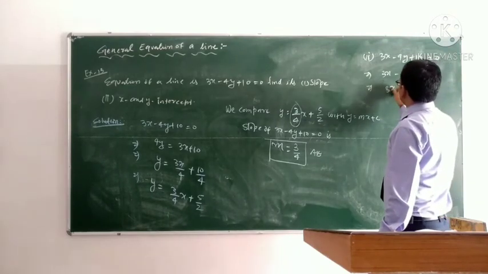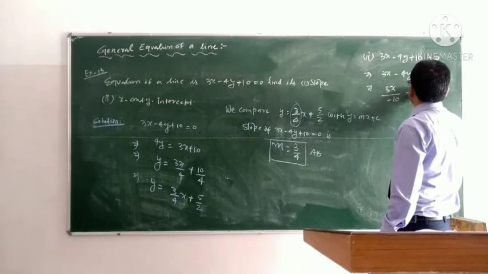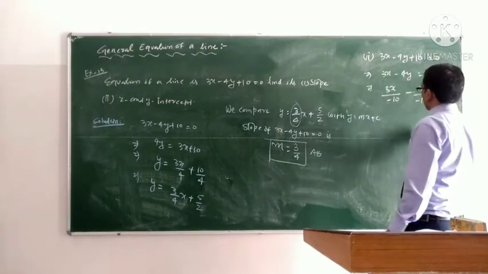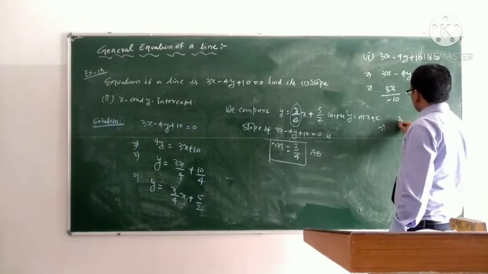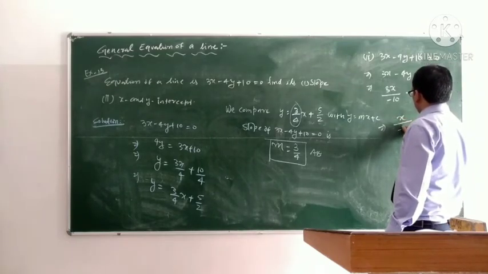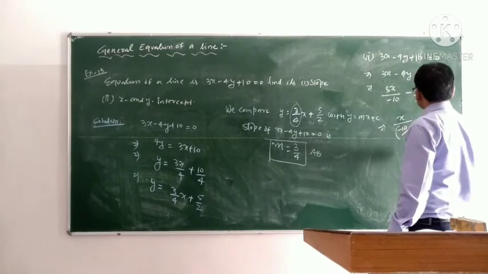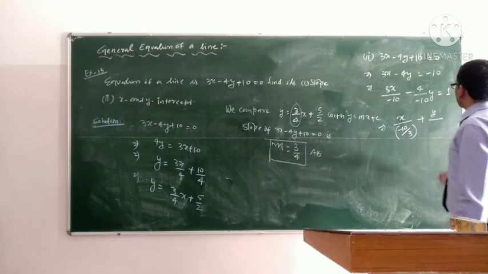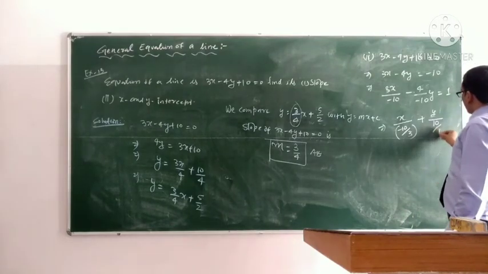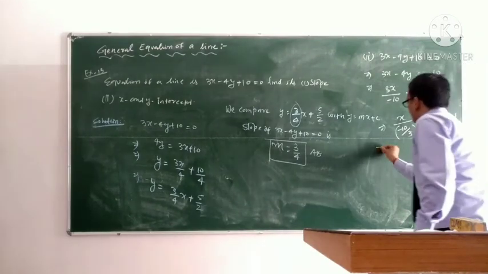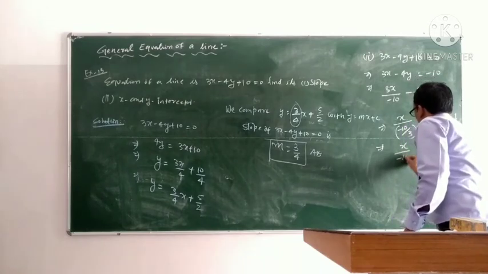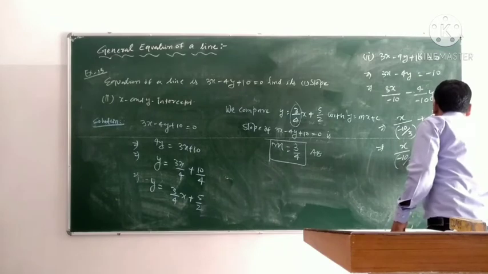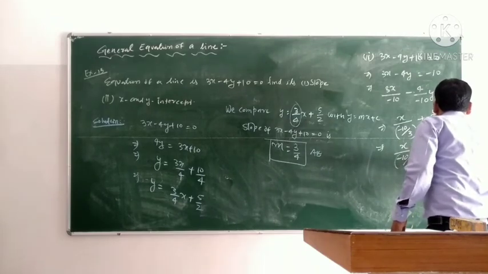This implies that 3x upon minus 10 minus 4y upon minus 10 is equal to 1. This implies that x upon minus 10 by 3 plus y upon 5 by 2 equal to 1.